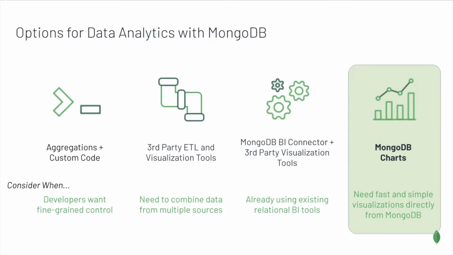And next is the data engineer and IT operations who build and maintain the enterprise data warehouse, typically using third-party ETL tools such as Tableau to transfer MongoDB data and merge it with other data sources.